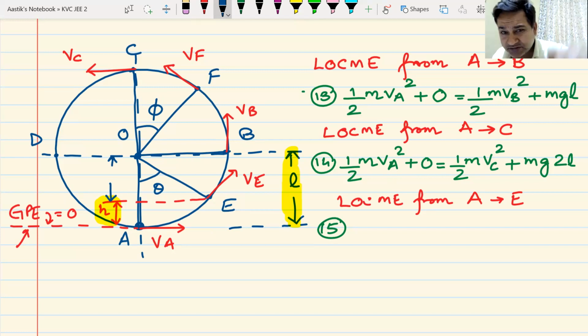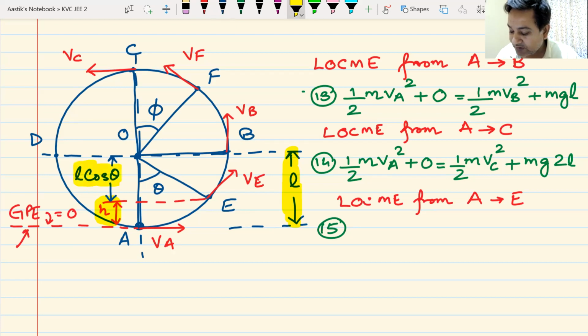And how much is this much? It is simply equal to L cos theta. Now I will not tell you how I got this. You should be able to understand that this is L cos theta. Do we understand that this length is L cos theta? Yes, sir. So now you have your answer.